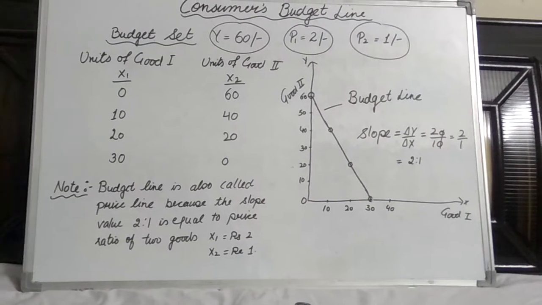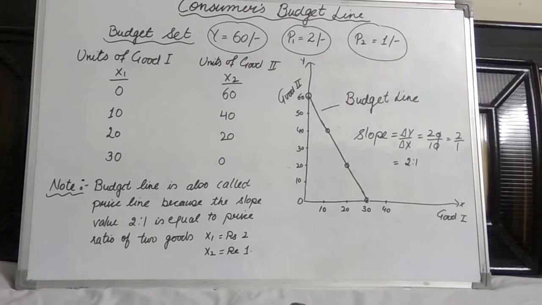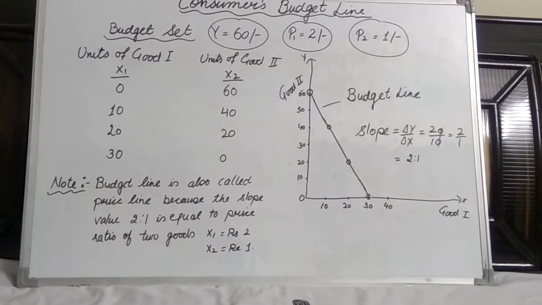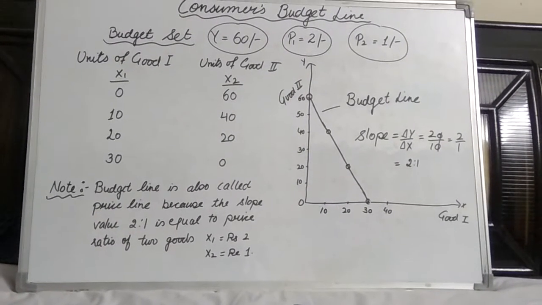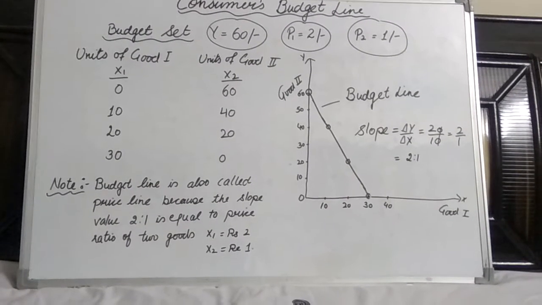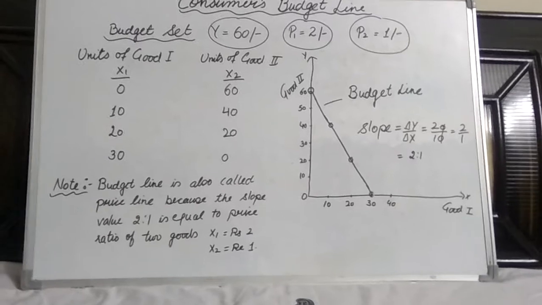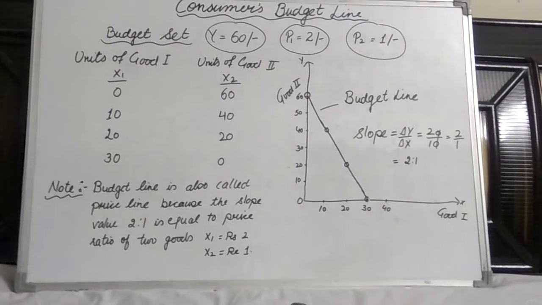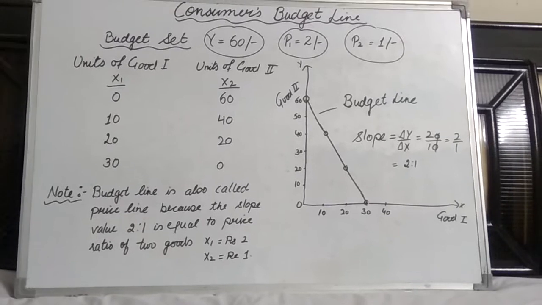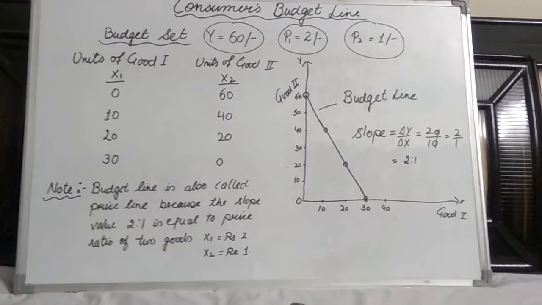In the last combination, the consumer spends his entire income to buy good 1 only and purchases 30 units of good 1 as 30 into 2 is equal to 60, and nothing is spent on good 2. So no quantity of good 2 is purchased.